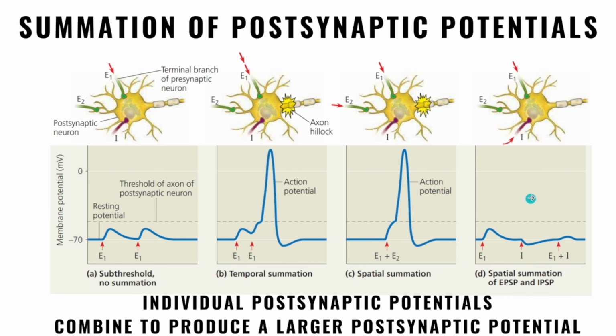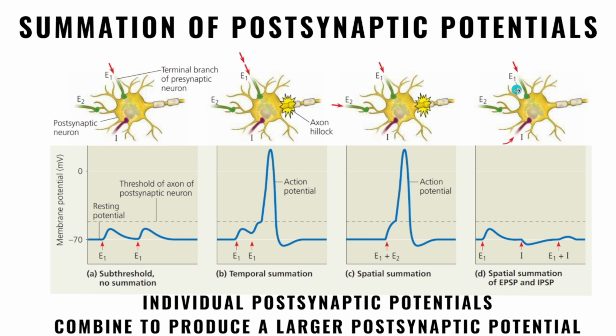Okay, this one is when they have the inhibitory signal, which is IPSP. So when the IPSP occurs, even though your E1 is very strong, it will inhibit the signal from reaching the threshold level and triggering an action potential.